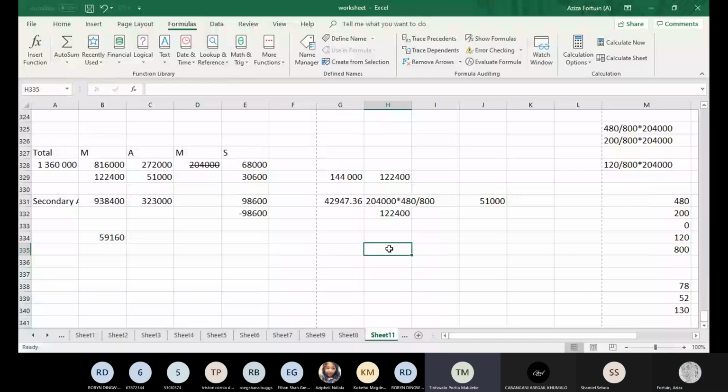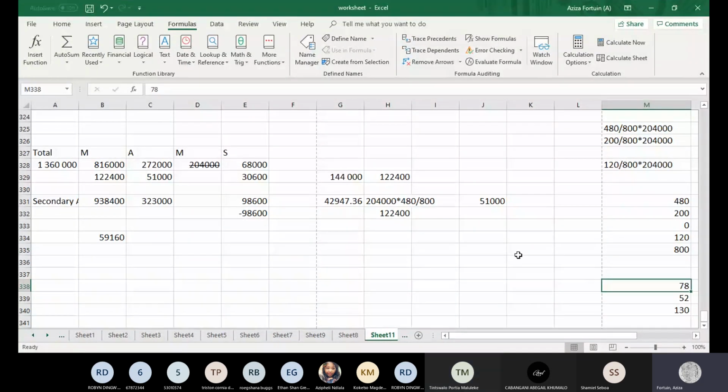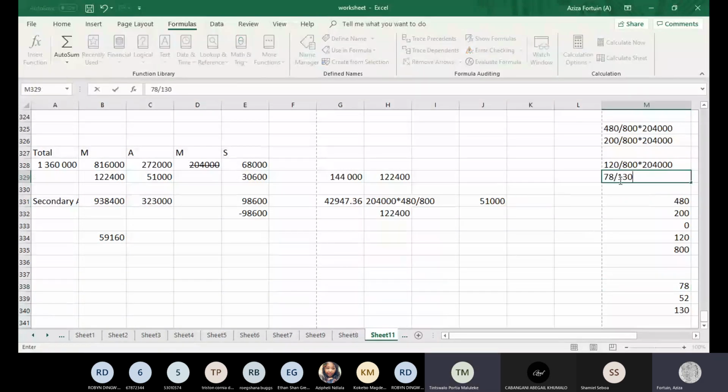39,900. Okay, yes. Can you explain it for me, please? I'll do that. So we're going to take the 78 here, right? And once again, we're going to say 78 divided by 130 times my 98,600 I want to write off.